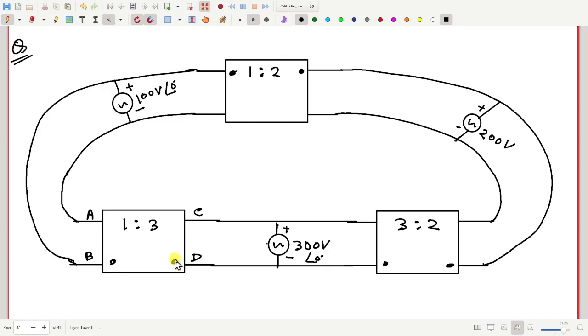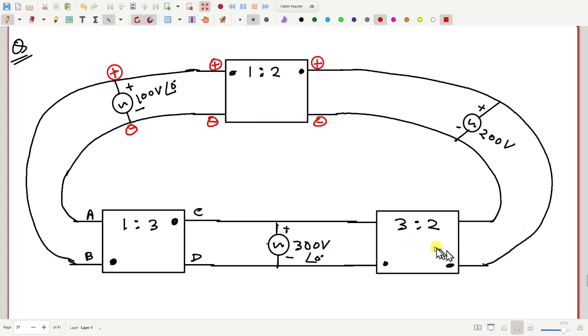But now can I put one dot here and another dot here? No, because now what happens? The moment this voltage is positive, this dot is positive, so this dot will be positive, with respect to this being minus.